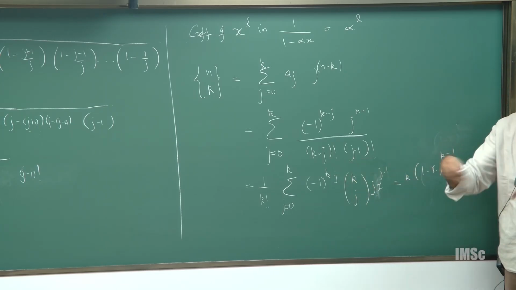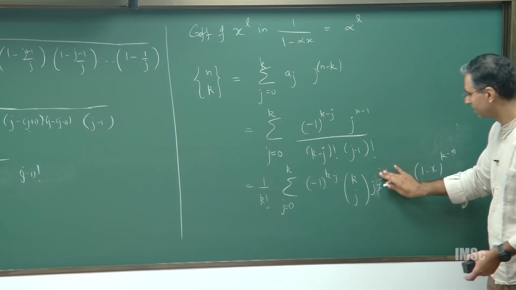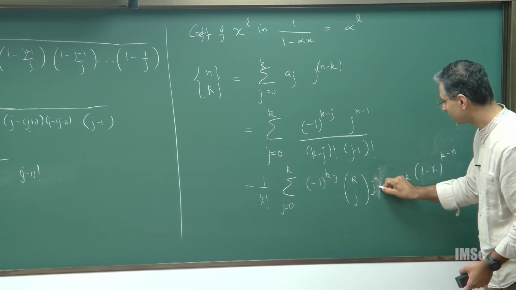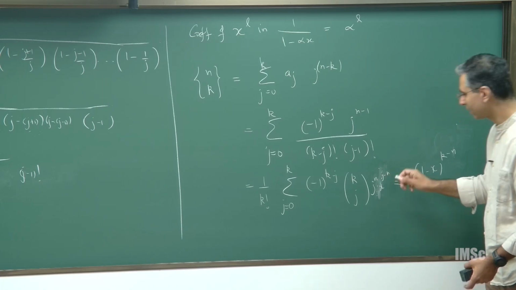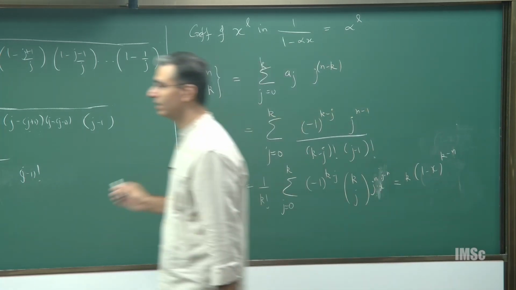If you do this n times, what will you get? Some k minus n here, j raised to n, some x raised to j minus n, something like that. If k is more than n, substitute x equals to 1, this will still be 0. Okay, so roughly that idea.